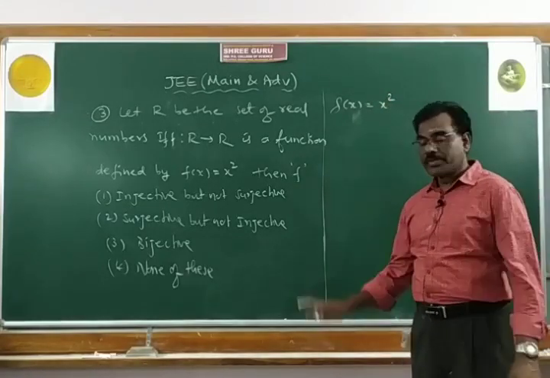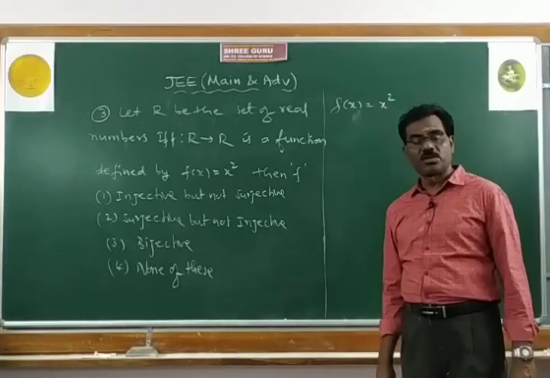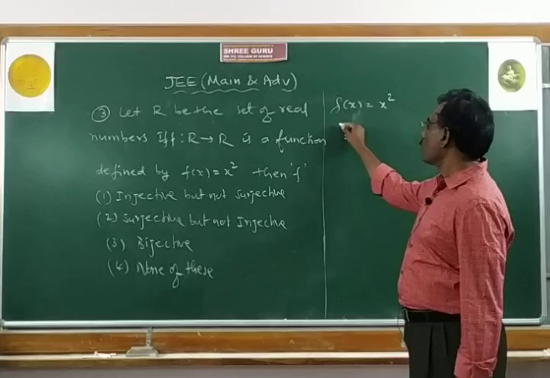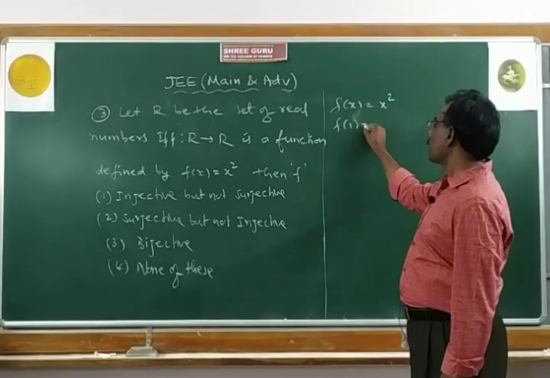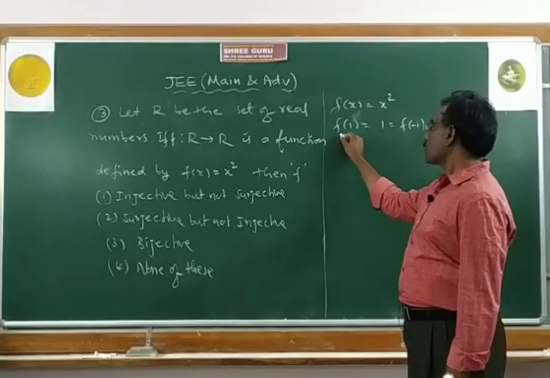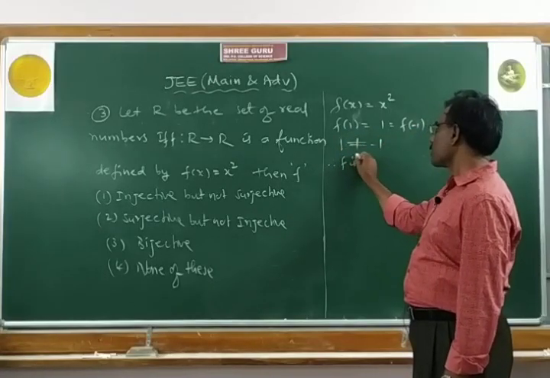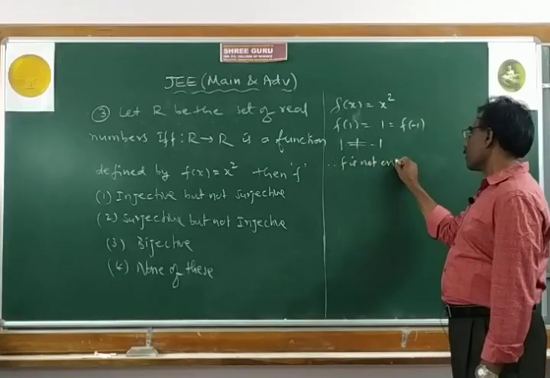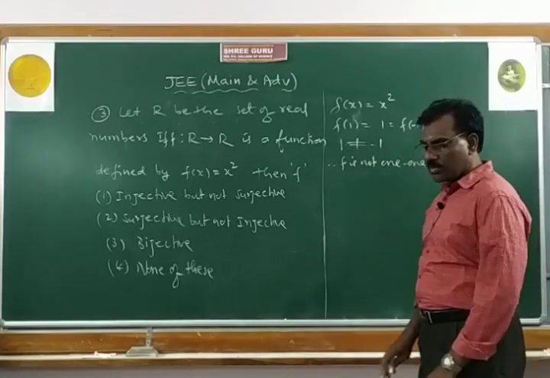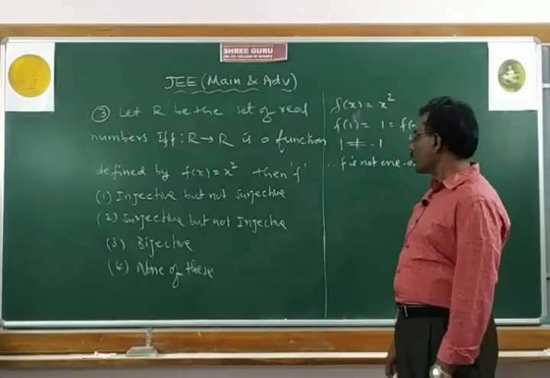Power of x is even, so the function f is not one-one, because f of 1 is 1, which is equal to f of minus 1, but 1 is not equal to minus 1. Therefore, f is not one-one. One-one means injective, so it is not injective.